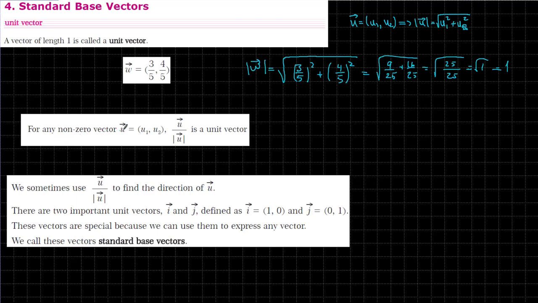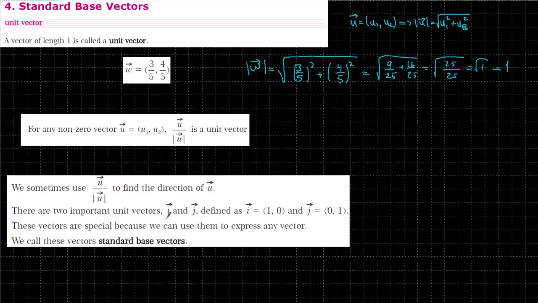For any non-zero vector u that is not a unit vector, if you divide the u vector by the distance of u, then it becomes a unit vector. We use this to find the direction of u.